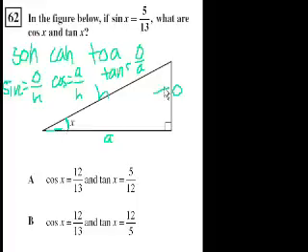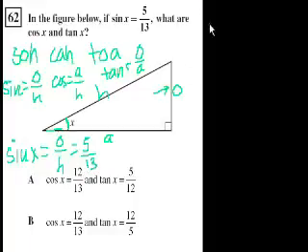So the sine of x is equal to, from our mnemonic SOHCAHTOA, opposite over hypotenuse. And they tell us that that is equal to 5 over 13.